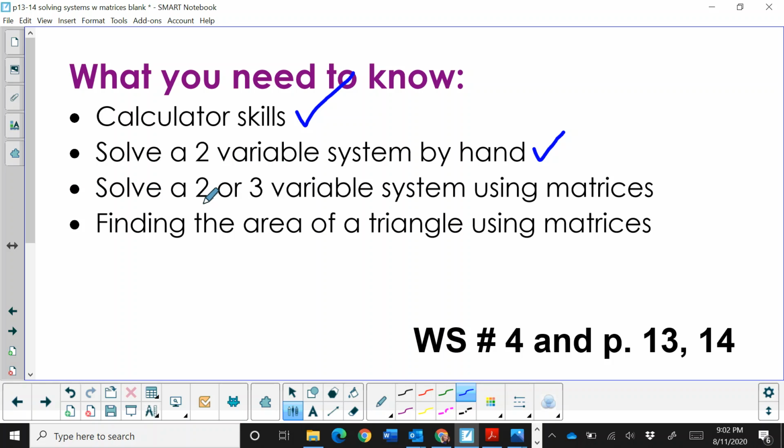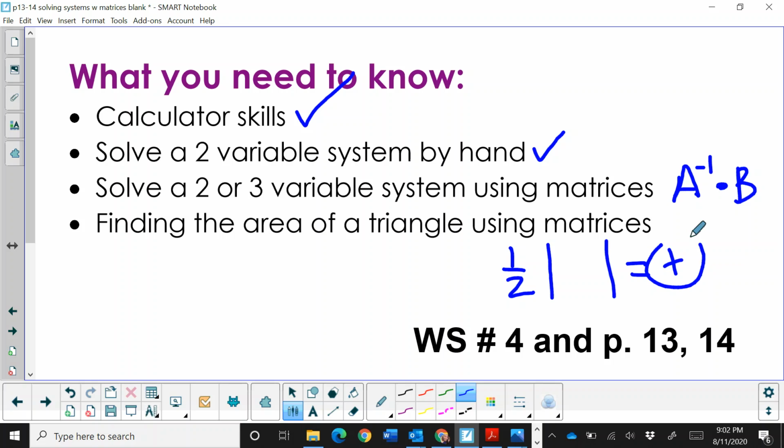We solved a 2 or a 3-variable system using matrices, where we put the coefficients in and do A inverse times B. And that gives us our solutions. And then, how do we find the area of a triangle using matrices? We use 1/2 of the determinant, right? And then we always make it positive.